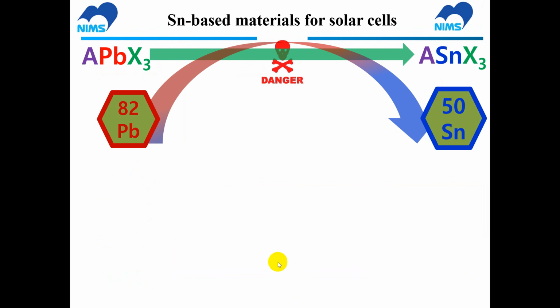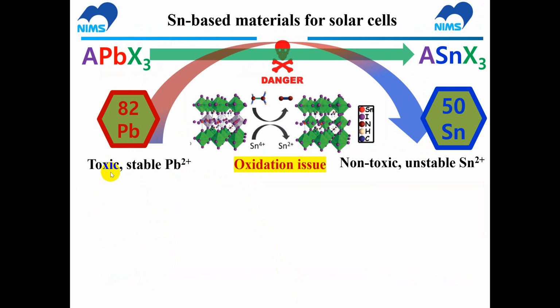If we talk about lead and tin, lead is toxic but stable. Tin is non-toxic but it is unstable, and it has Sn2+ state, which can oxidize, and there is a big oxidation issue of this material.